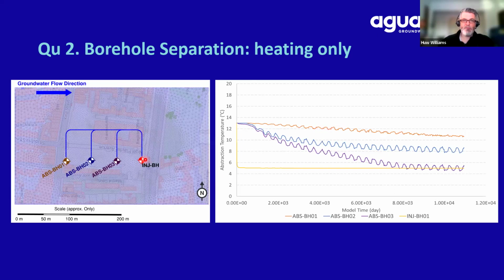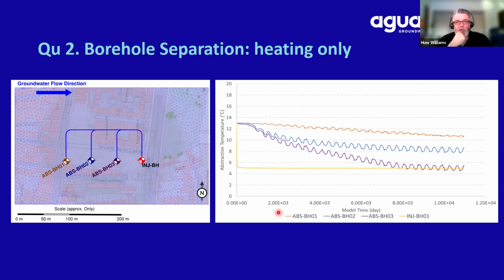The thermal plume from the injection borehole is the last to reach abstraction borehole 1, and it has the least effect. Abstraction borehole 2, being closer, has an earlier thermal interference and a greater thermal interference. And then, as you would, of course, expect that to continue, we have abstraction borehole 3, which has the greatest impact and the earliest impact.